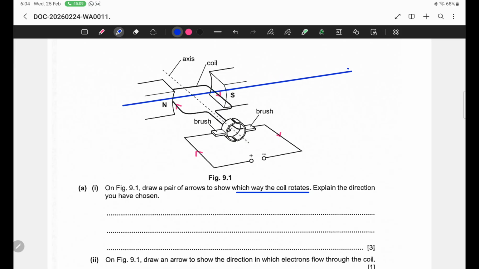Place your first finger from north to south. And now place your second finger here. It is easy. Then where is your thumb? Upward. So the magnetic force will be acting upward on this side, then obviously downward on the other side.